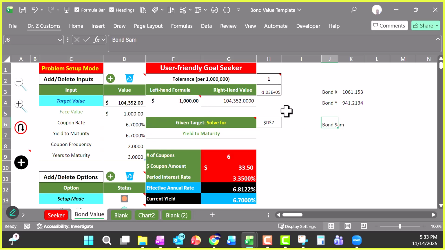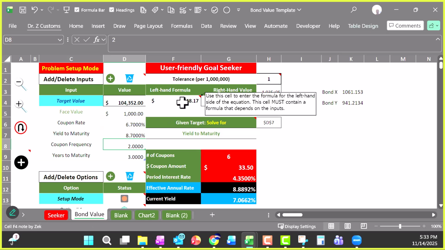In fact, we know the price is 1,000. But if yield to maturity goes up by 2 percentage points, we're going to enter 8.7, right? And independent of the bond, when the yield to maturity goes up, the price of the bond will always go down.